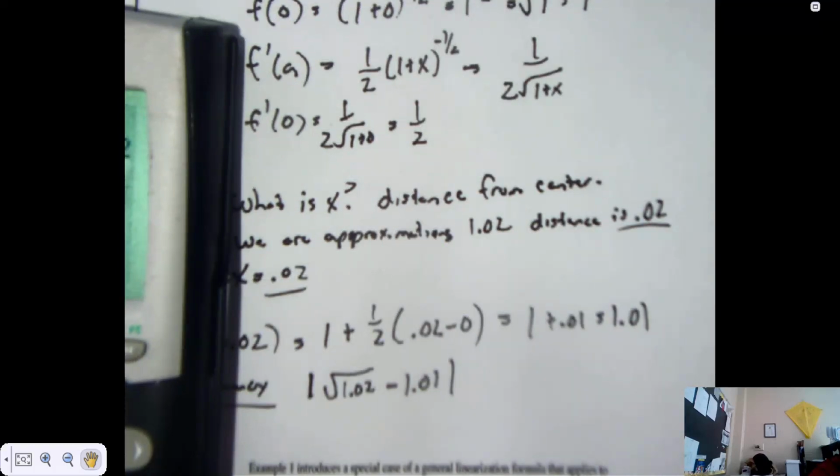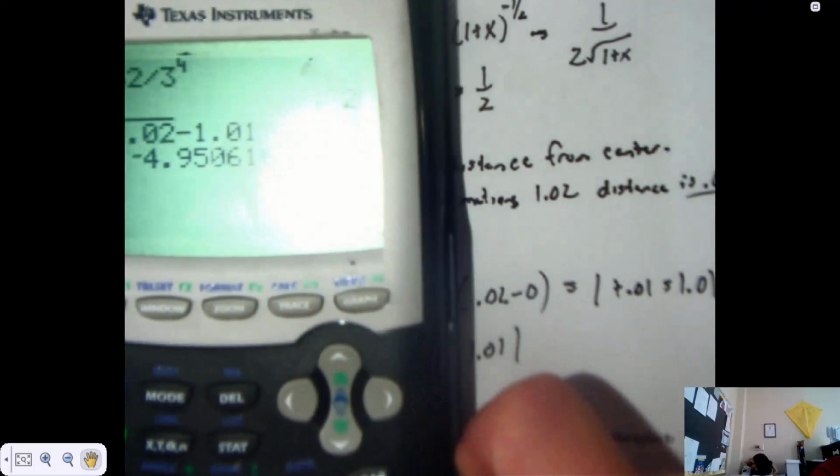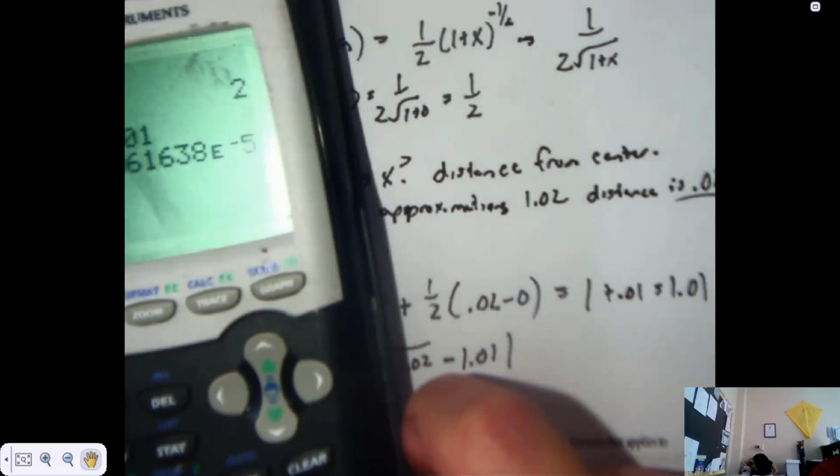We can, and back then people could too. I didn't include the absolute value bars. Calculator reports that as negative 4.95 times 10 to the negative fifth. As absolute value, so 4.95 times 10 to the negative fifth power.